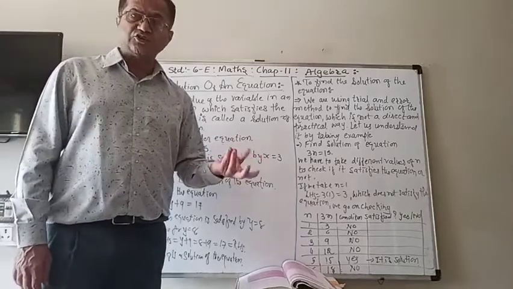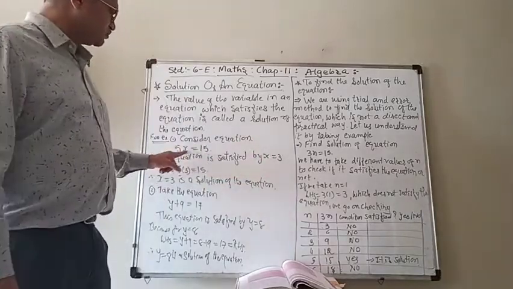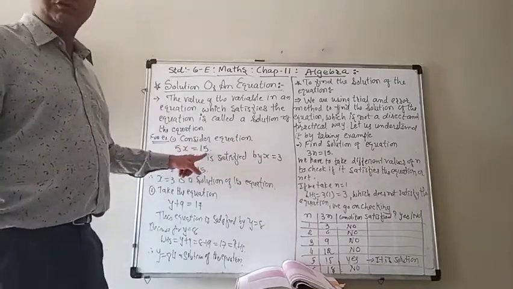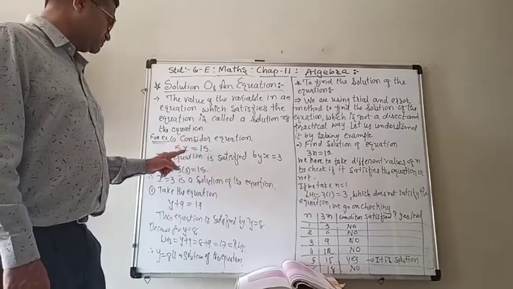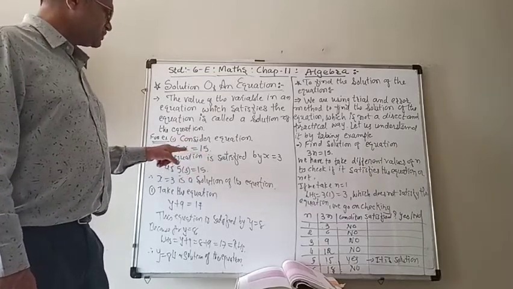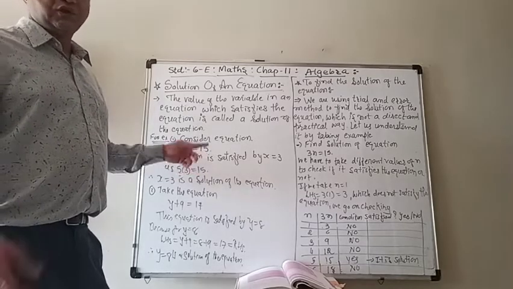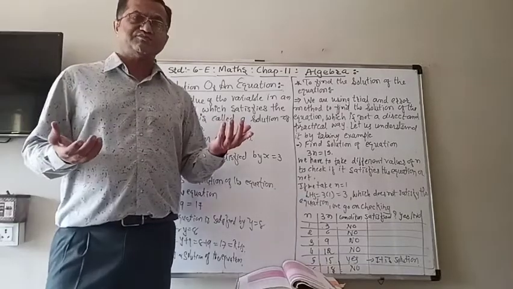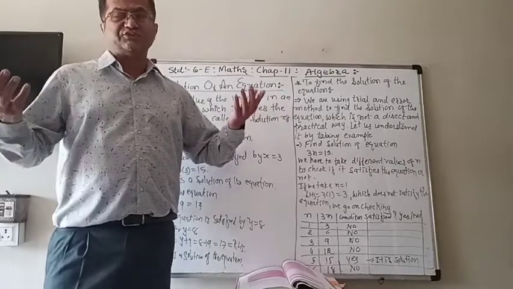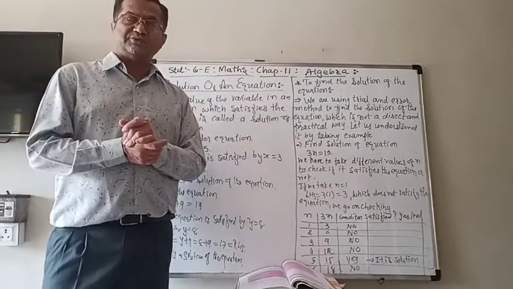If you put x equal to 4, what will happen? 5 4s are 20, which is not equal to 15. If you put x equal to 2, 5 2s are 10, which is not equal to the RHS. So for different values, the LHS and RHS have different values, so it is not possible.